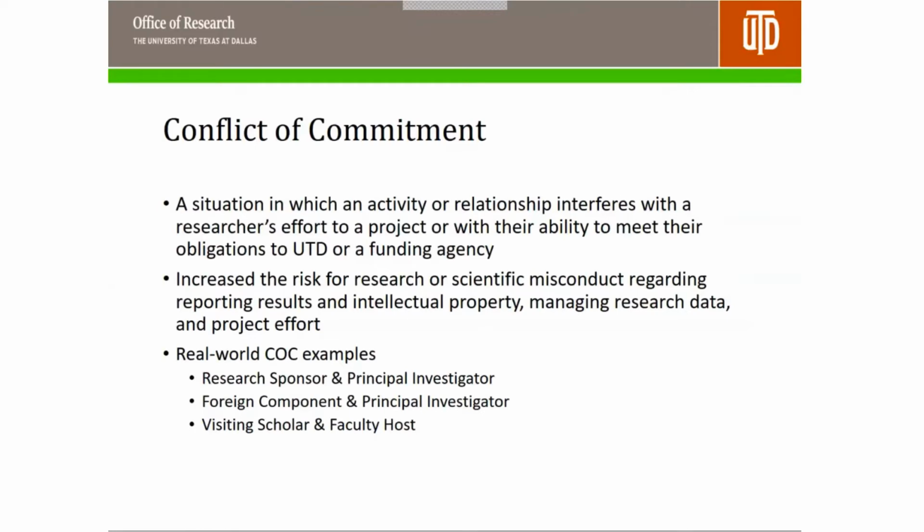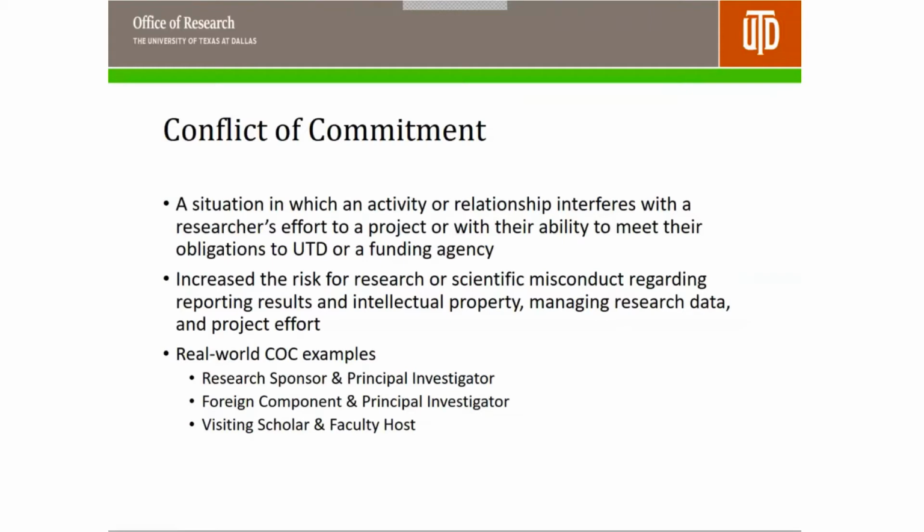The second example is similar: a federally funded researcher engages with a collaborator at another institution, and that collaborator meets the definition to qualify as a foreign component, which is something that the National Institutes of Health specifically defines. A foreign component is when key aspects of a research effort are performed at another academic institution outside of the United States.